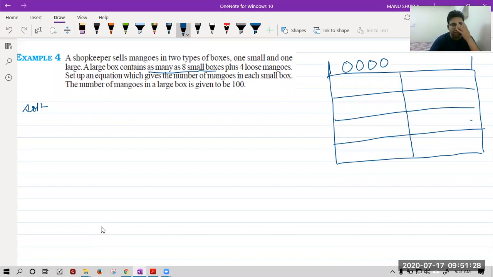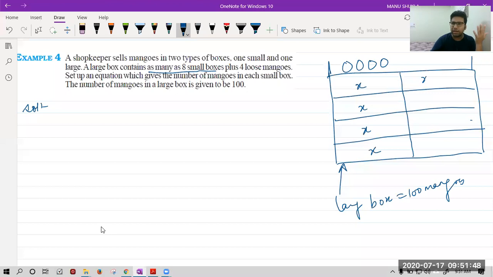So try to understand, we have a large box and inside that large box we have 8 boxes. I don't know how many mangoes are there. In the large box we have 100 mangoes. Inside we don't know. Suppose there are X mangoes in this box, X in this box, X in this box, and so on in each of the 8 boxes.